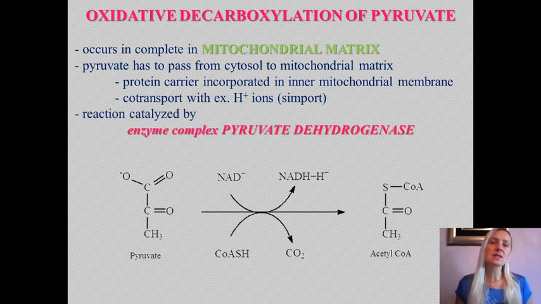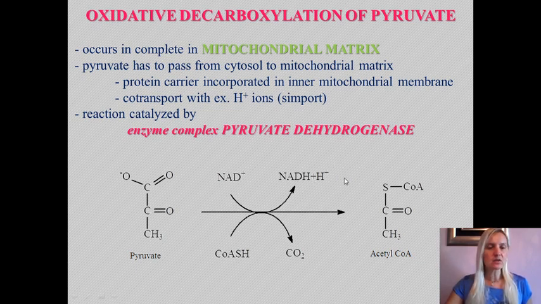The reaction is catalyzed by one enzyme complex which is called pyruvate dehydrogenase, and this is the overall reaction of the pathway. So pyruvate is converted to acetyl coenzyme A. So we have the usage of one coenzyme A, removal of one carbon dioxide, and since this is a redox reaction, we have the removal of reducing equivalents and formation of reduced coenzyme NADH.